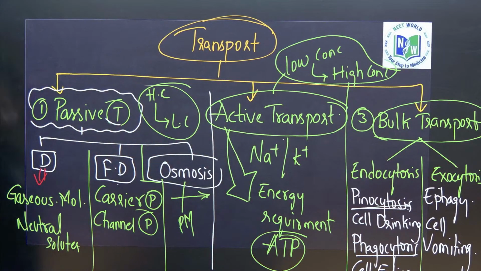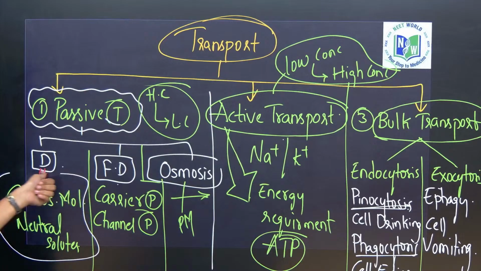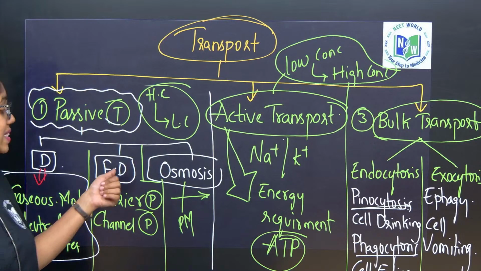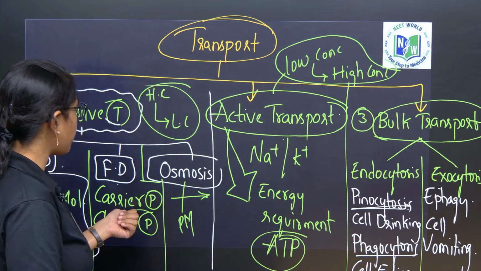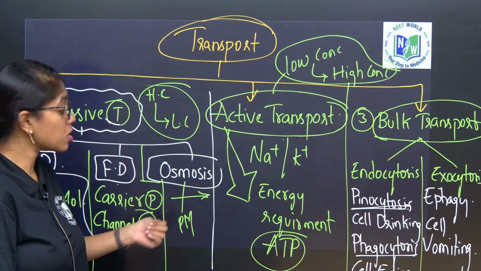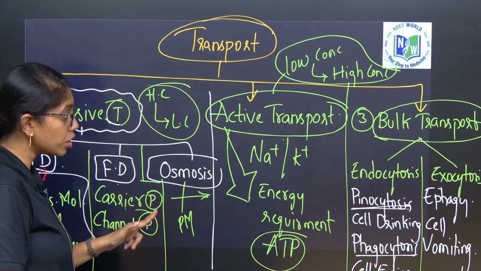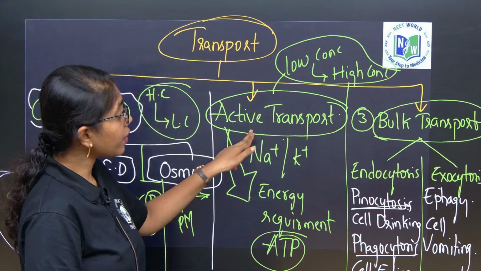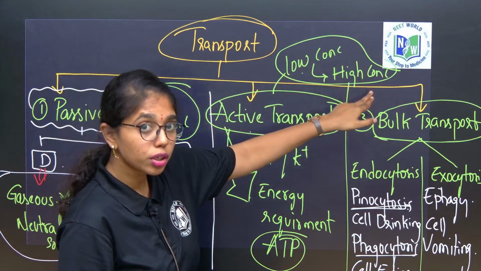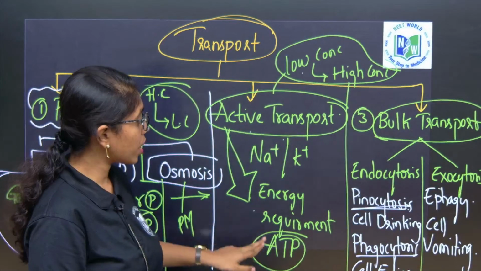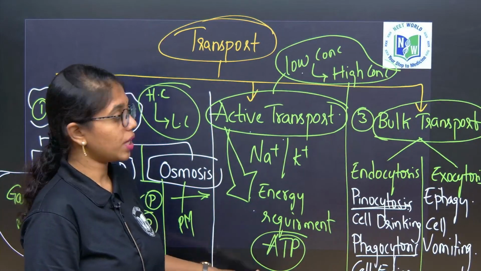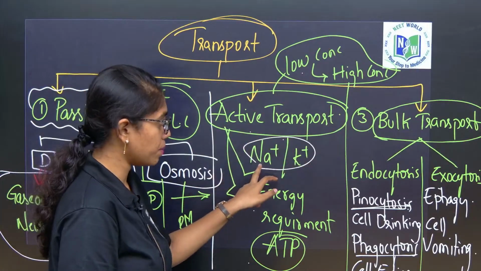Passive transport is from high concentration to low concentration. Gaseous molecules and neutral solutes pass by diffusion. Facilitated diffusion is mediated by carrier proteins and channel proteins. Osmosis is from high concentration to low concentration through the membrane. Active transport is from low concentration to high concentration, which requires ATP energy. The best example is the sodium potassium pump.